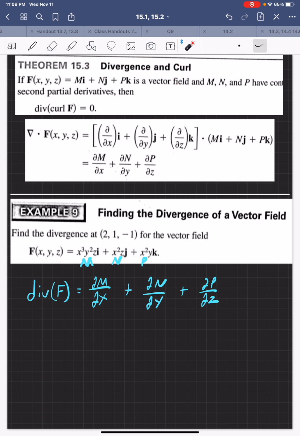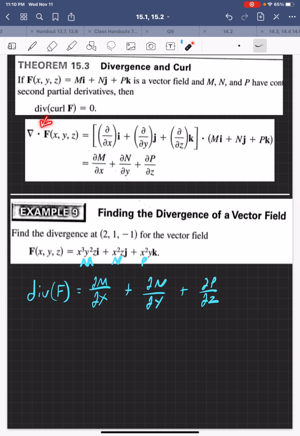I was thinking we were talking about the formula, but under those conditions, if you were to take the divergence of the curl, you would get 0. That's not really what I thought we were talking about. What I thought we were talking about for a second was how do we find the divergence of a vector field? We do so by simply making use of the dot product.